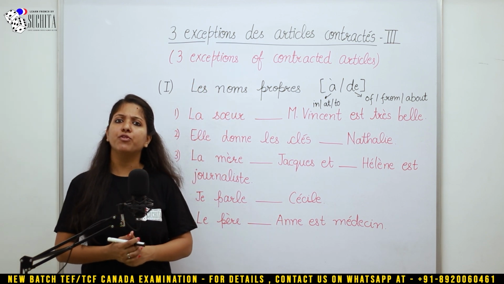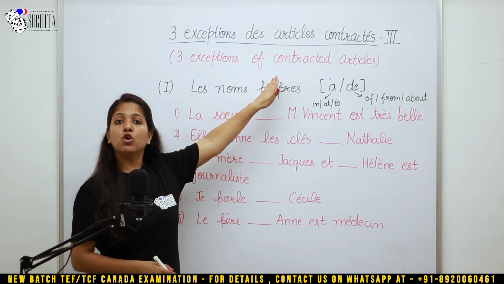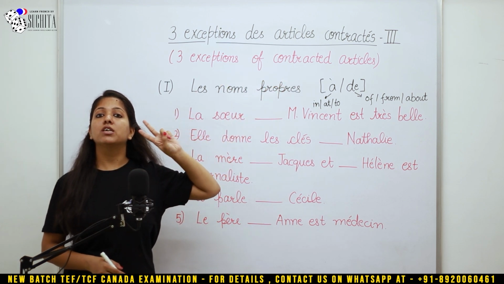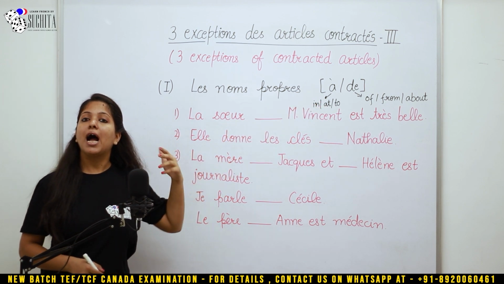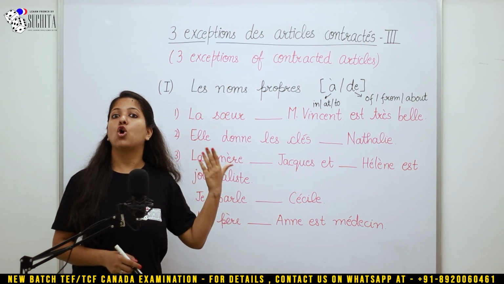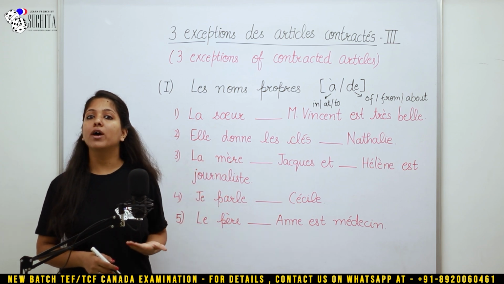Let me just give you a brief recap of what we did in the previous 2 videos. The contracted articles are formed with 2 prepositions, either à or de. À means in, at or to, and de means of, from or about.